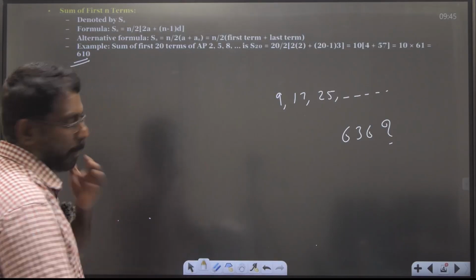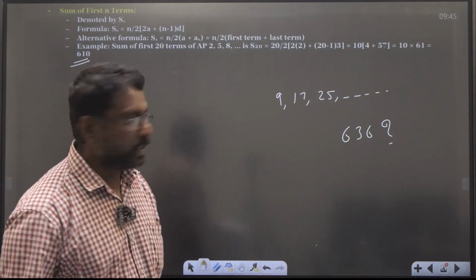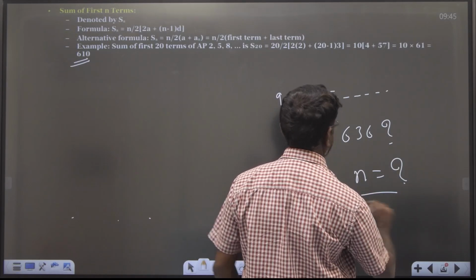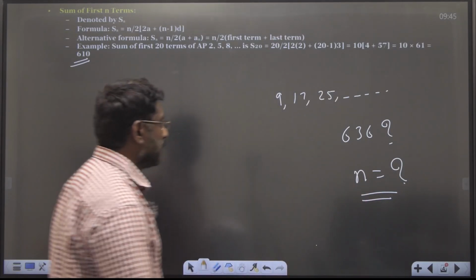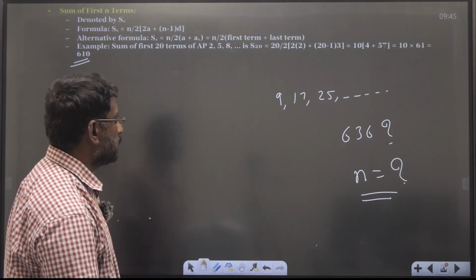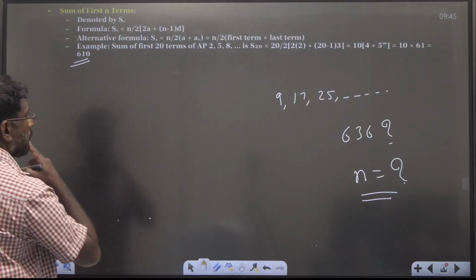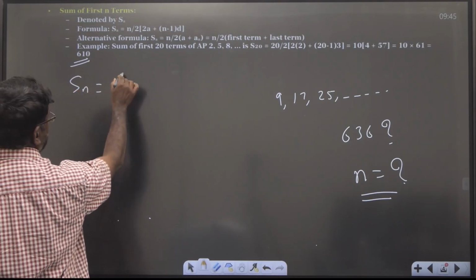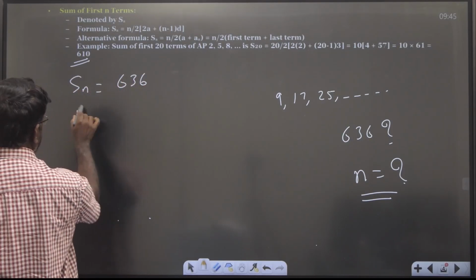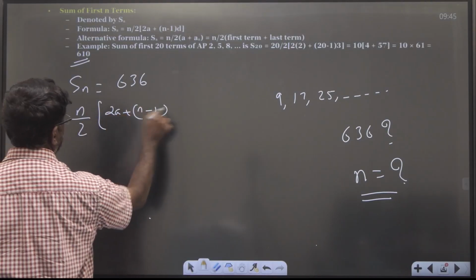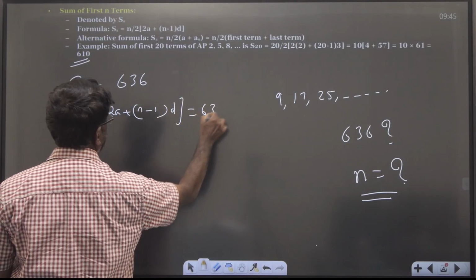Okay. So here we have how many terms, which means we have to find out n. First we have to recognize what we have to find out. Here given that Sn is equal to 636, that is n by 2 into 2a plus n minus 1 into d equal to 636.